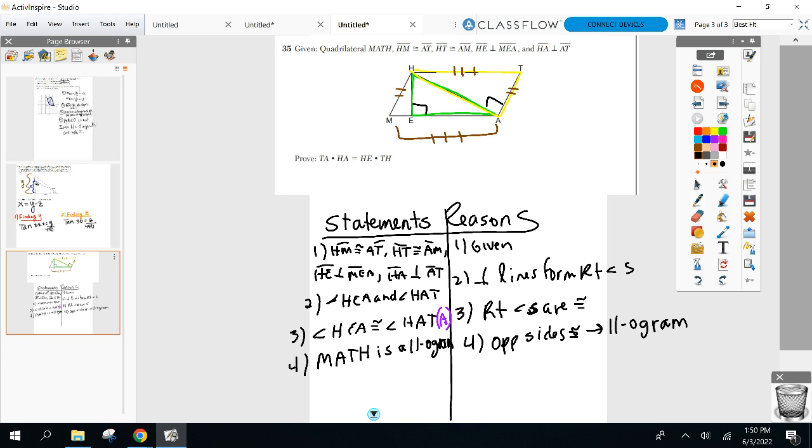It's not in the triangles. True. Those aren't full angles in my triangle, so that's probably not going to help me, right? I probably need another parallelogram property, one that has something to do with getting angles congruent, not sides.